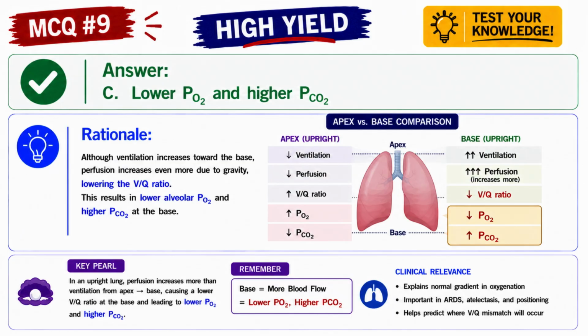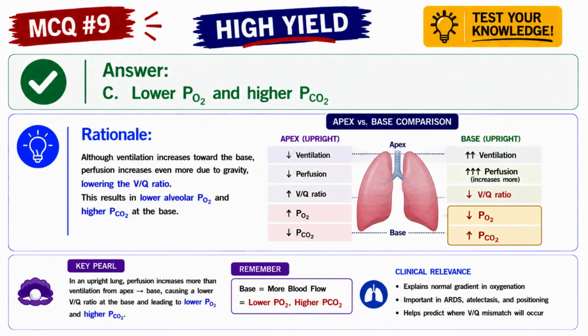Gas exchange is excellent per unit of blood flow, high PO2, low PCO2 in apical alveoli, approximately PO2 130 millimeters of mercury at the apex. At the base, both are higher, but perfusion increases far more than ventilation. V/Q ratio is low, approximately 0.6, relatively more perfusion than ventilation.